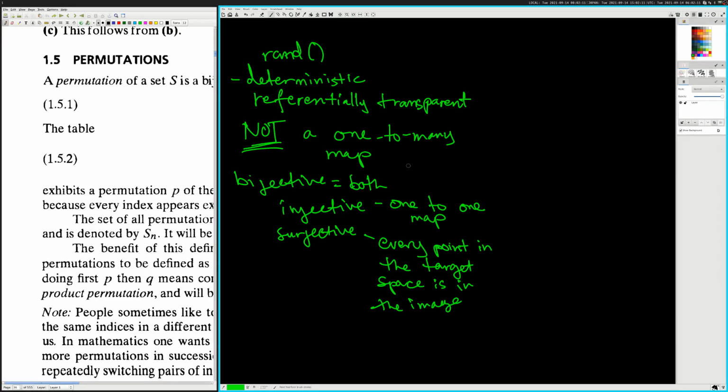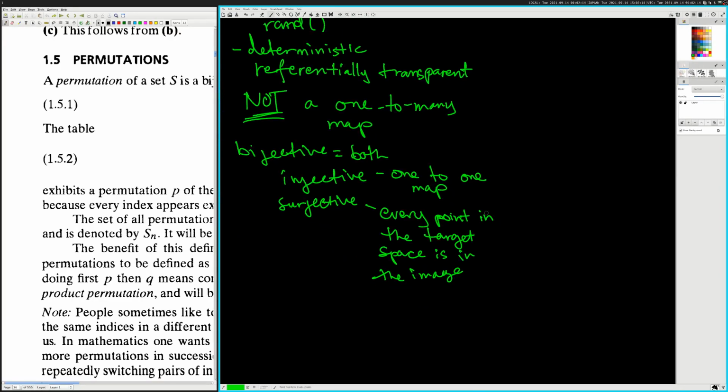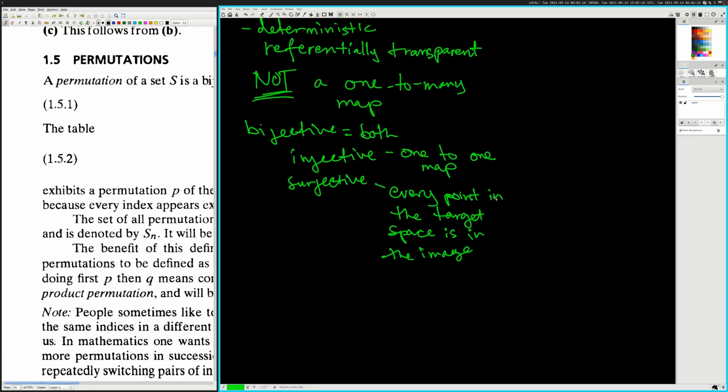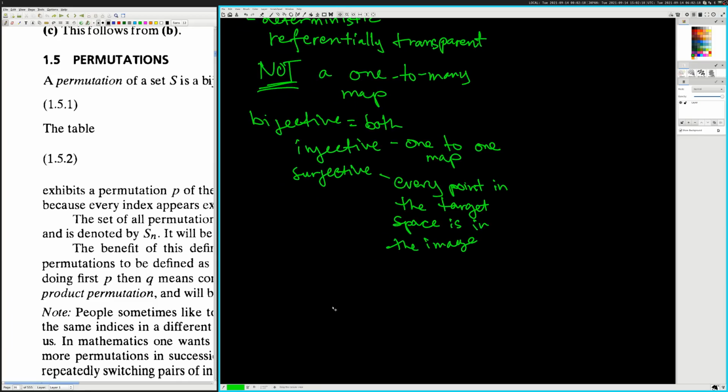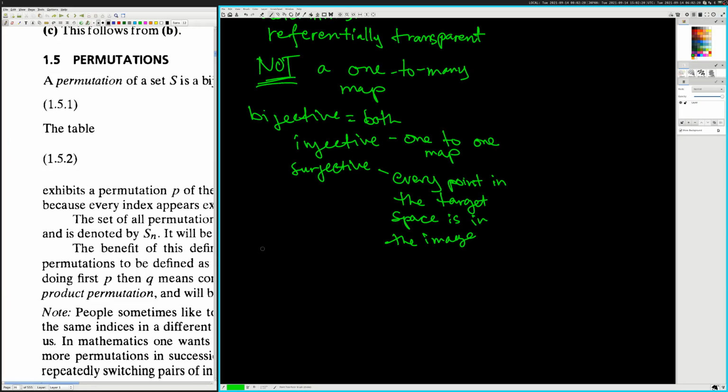Alright, so I'm going to draw some axes here. If I do the two-branched square root function, this is the curve x is equal to y squared.